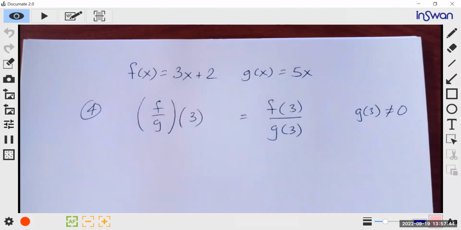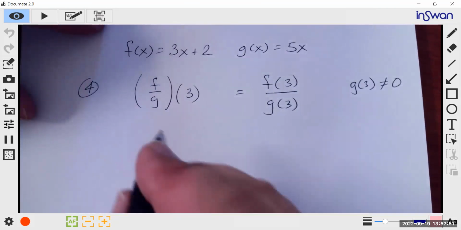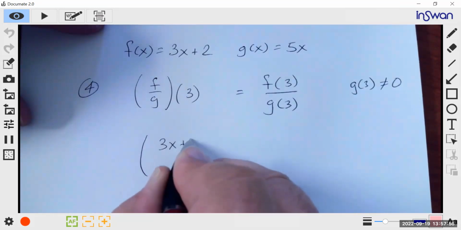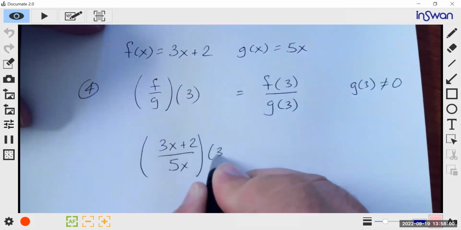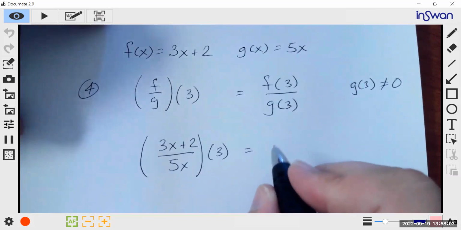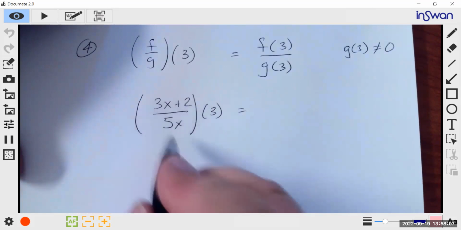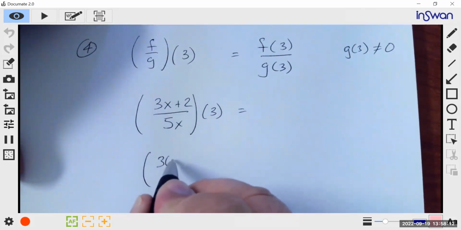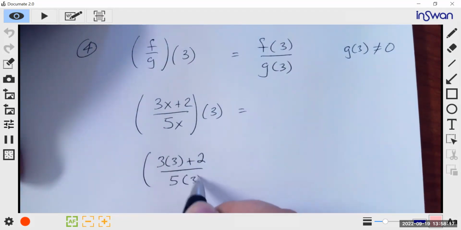The bottom cannot equal 0. Nothing simplifies, so we just plug them in there. 3 times 3 plus 2 over 5 times 3.